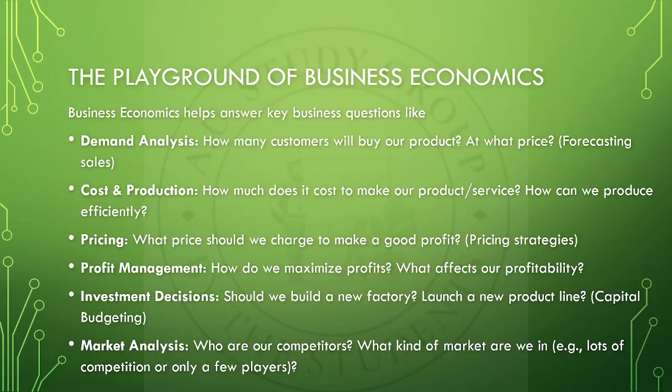Demand analysis: figuring out how many people will buy our stuff, or what can affect their decision. This helps forecast sales. The second one is cost analysis: understanding how much it costs to make a product, or how we can be more efficient.